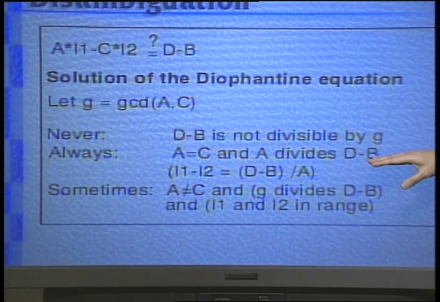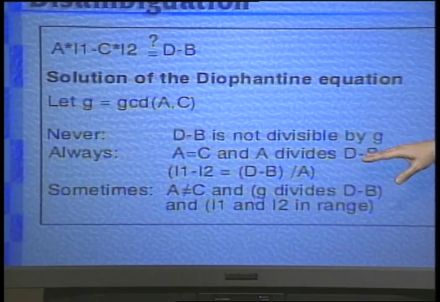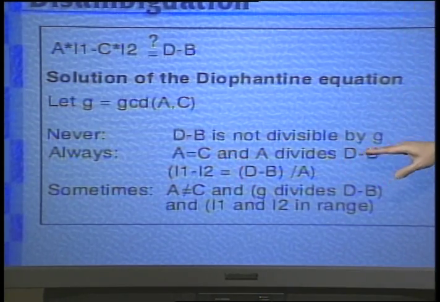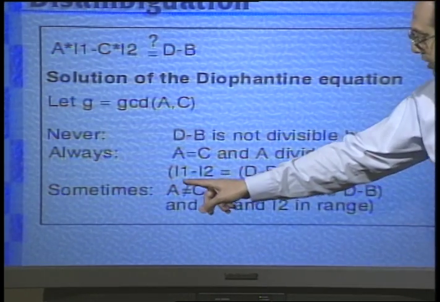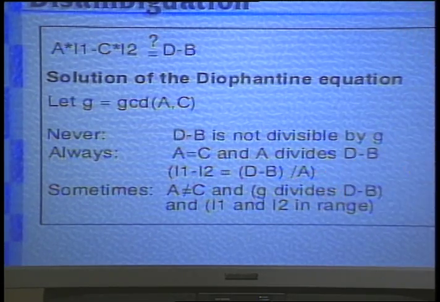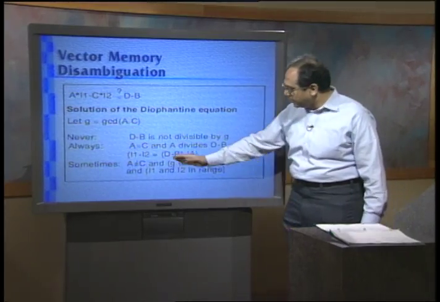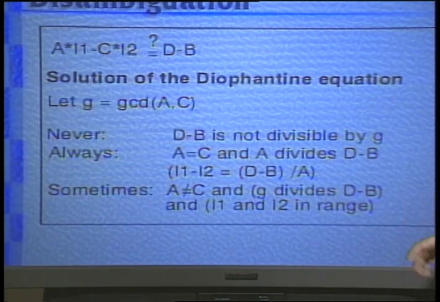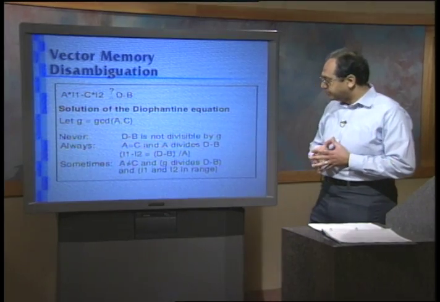If, on the other hand, the GCD does divide D minus B, and in fact, if A and C are equal, then we can be sure that there will be a consistent equality across two iterations. And the distance between those two iterations is given by this formula over here. And finally, in the remaining cases, that is when A is not equal to C, but the GCD divides this, then there's the potential for two addresses to be the same, but there is no guarantee.